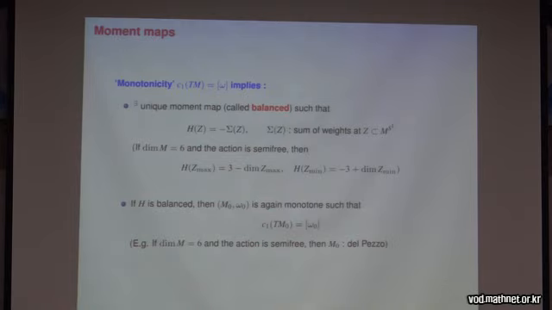So this guarantees that by the classification of four-dimensional monotone symplectic manifolds, we see that M0 is one of 10 types that I explained before. So we know the candidates of M0.